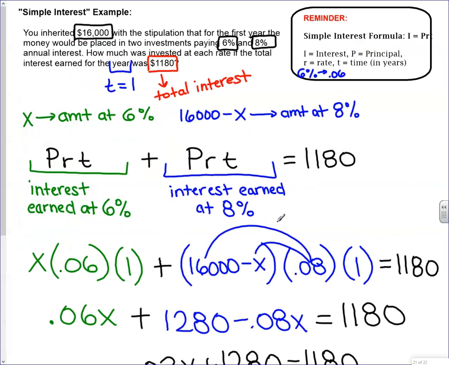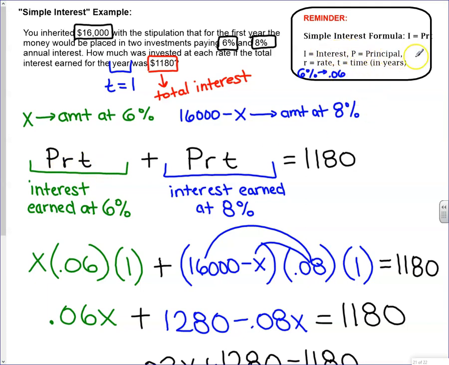Now this one takes a little more time. Here we're looking at a simple interest example. When we're doing simple interest, we do want to remember the simple interest formula: the interest equals P times R times T. I is your simple interest.